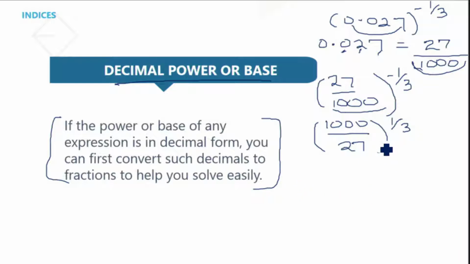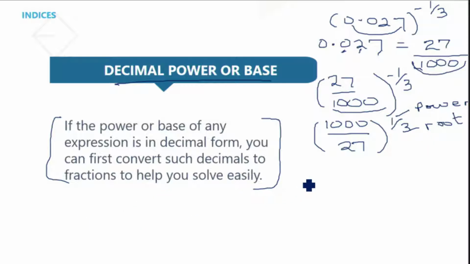So this is a fractional power, okay? We're left with this fractional power. And what did we say about fractional indexes? The numerator is taken as the power, and the denominator is taken as the root.